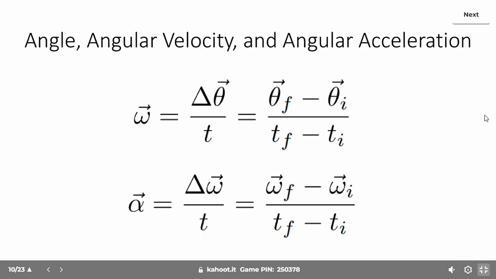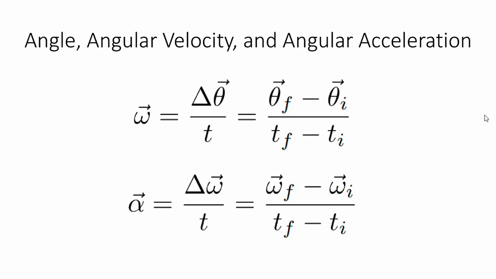So just like there was a relationship between position, velocity, and acceleration, there's relationships between angular position, angular velocity, and angular acceleration. The angular velocity is just the rate of change of the angular position.